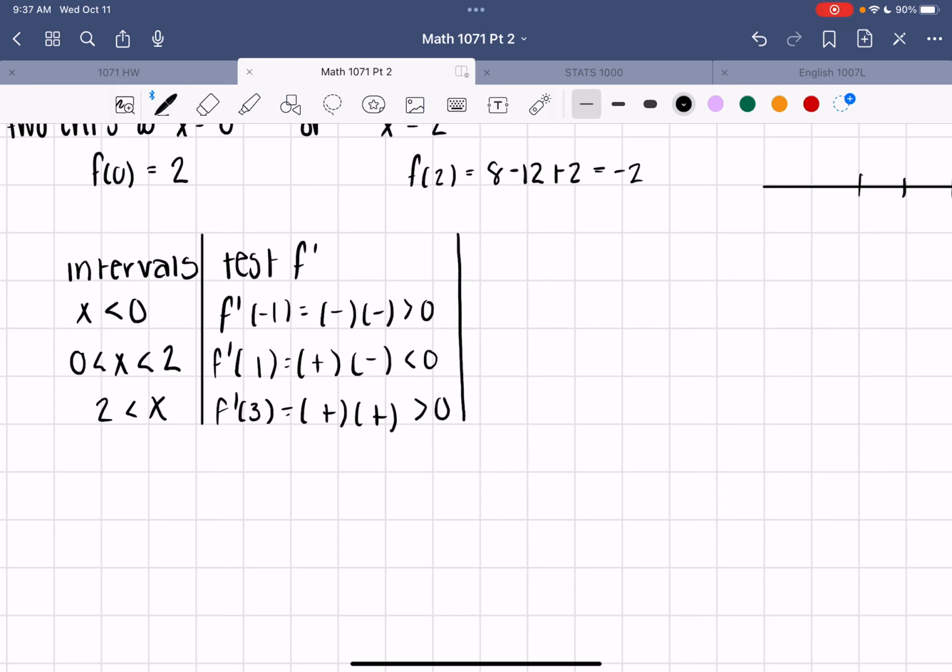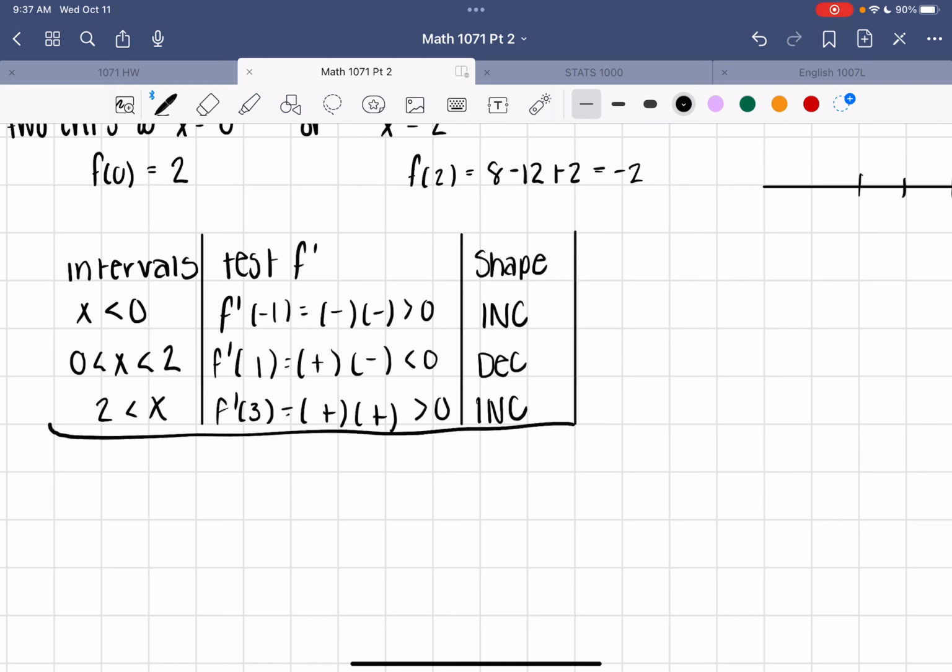F double prime is 6x minus 6. So you set that equal to 0 and solve for the inflection point. You have an inflection point at x equals 1.